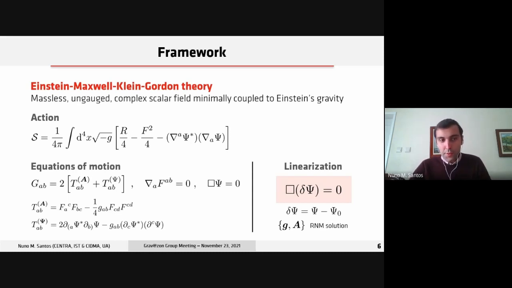So this theory contains all the stationary solutions of GR, and these solutions correspond to the case when psi is constant, psi naught.